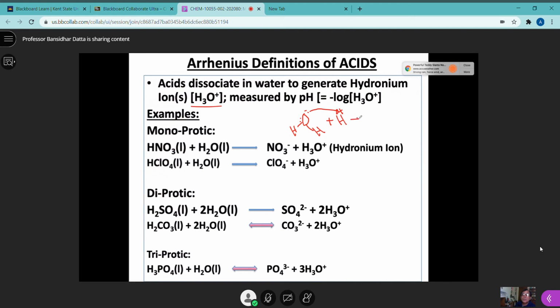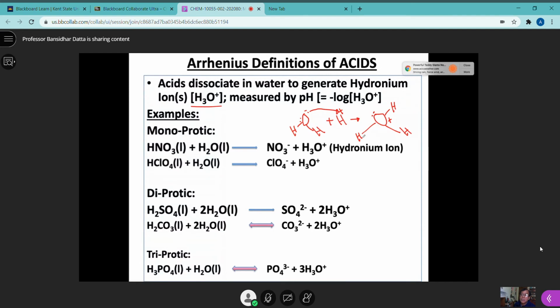As it gives the lone pair, you'll have an oxygen with H and H, and this H just made a new bond, and one lone pair remains as it is. Since it gave two electrons to the hydrogen, that positive charge is transferred to oxygen. And that's the structure of H3O plus. This is known as hydronium. Hydro is water, nium ion attached to the proton. Water attached to the proton is called hydronium ion.